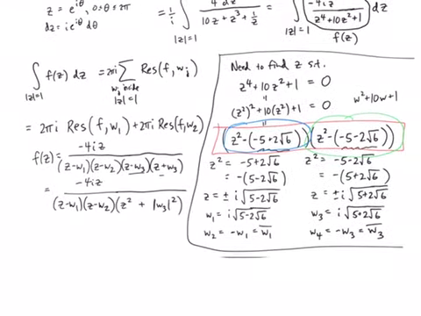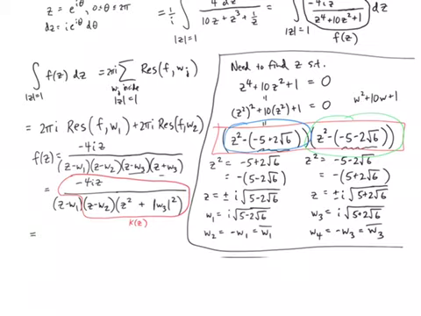Okay, so we can consider this our k, so this is our k of z, and we have k of z divided by z minus w1.